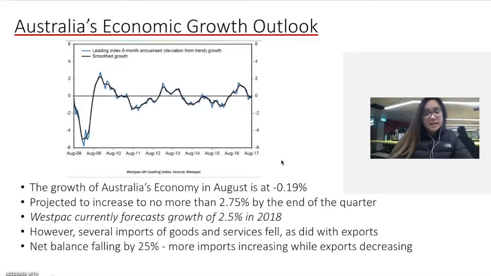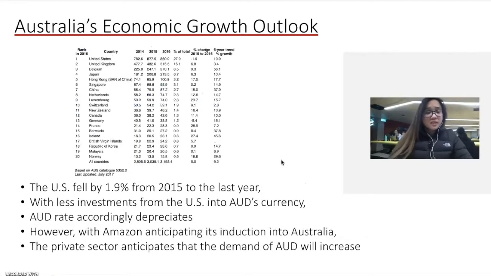Now, what we're essentially seeing is that imports of goods and services have fallen. This is contradicting the first side effect, so we'll be focusing on the second side effect, where foreign investments are being injected into Australia. The latest updated overseas investment into Australia by the Australian Department of Foreign Affairs and Trade shows that the United States has fallen by 1.9% from 2015 to last year, which should have positioned Australia's currency to depreciate.